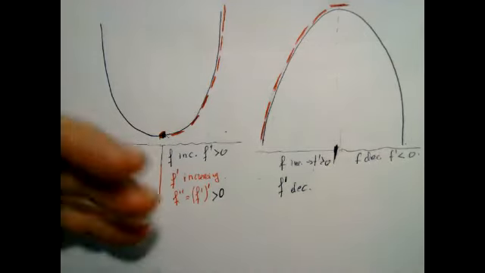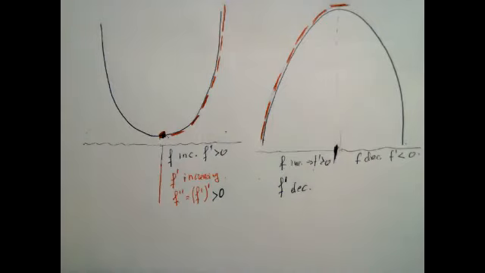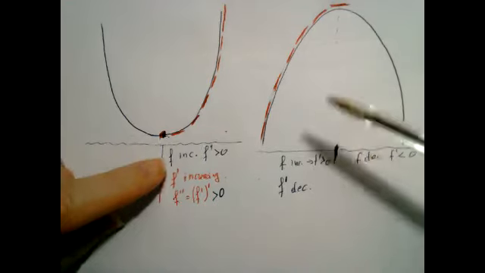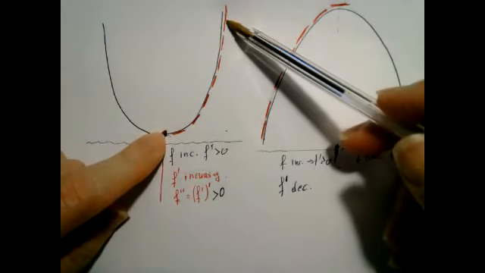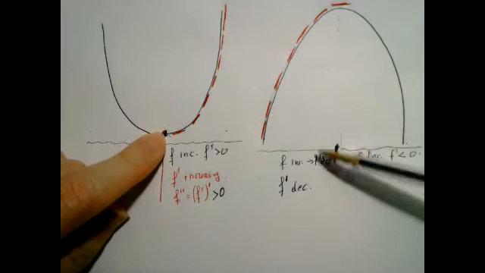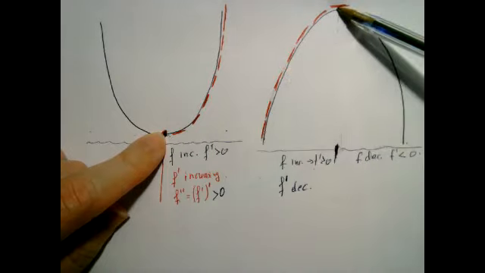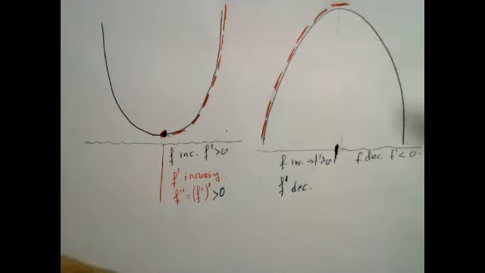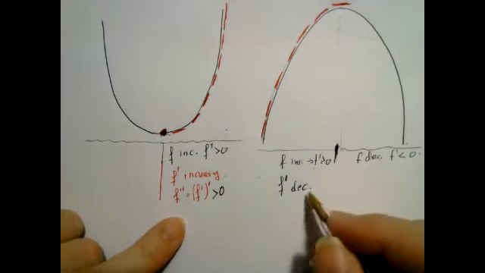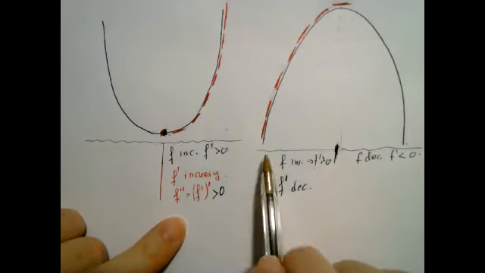Having an increasing function doesn't tell me that f prime is increasing. f prime could be increasing or could definitely be decreasing. So when a function increases, the derivative can behave both ways. It doesn't have to behave the same way. The crucial idea. All right, in this scenario, f prime is decreasing.